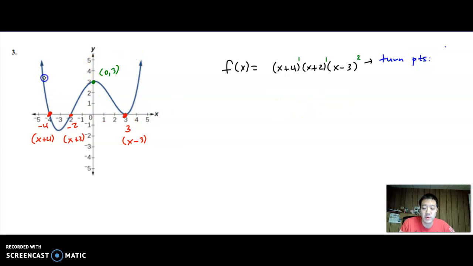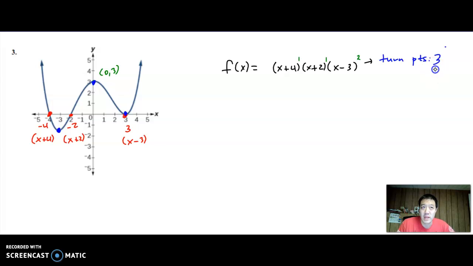and so turning points are these peaks and valleys, or the low and high points. So when it decreases here, here's one turning point because it's going from decreasing to increasing. At the y-intercept, there's another turning point. And over here, there's another turning point. And so there are 3 of those.